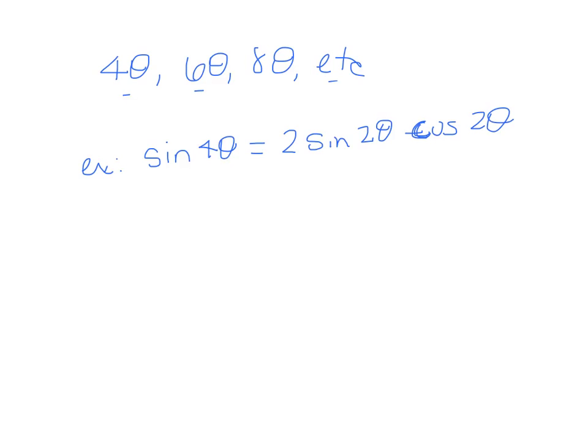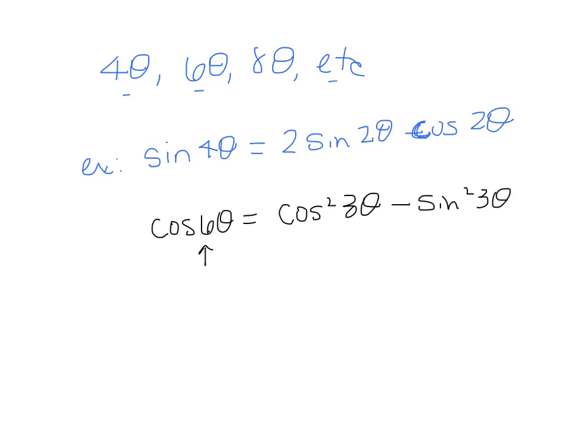Or if you were given something like the cosine of 6 theta, this is really the same thing as saying cosine squared of 3 theta minus sine squared of 3 theta. So essentially what you're doing is plugging it in here, just like you would if you had the sine of 2 theta, then this would just be a theta. So if you have questions on that, let me know.